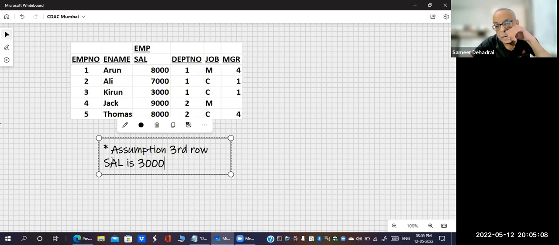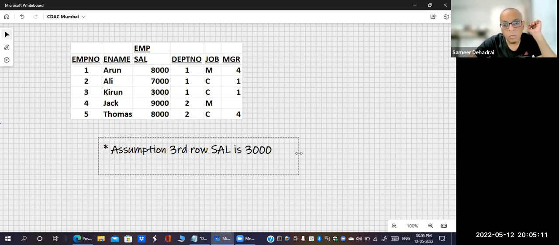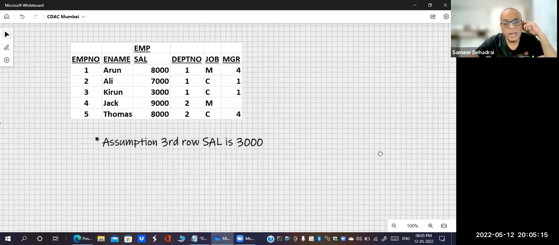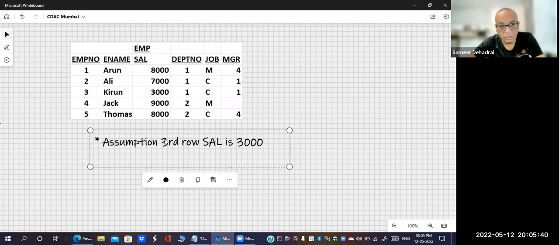So when you try it out later, maybe tonight or tomorrow morning, please update the third row and make the sal as 3000. Done. Third row, the sal is 3000.